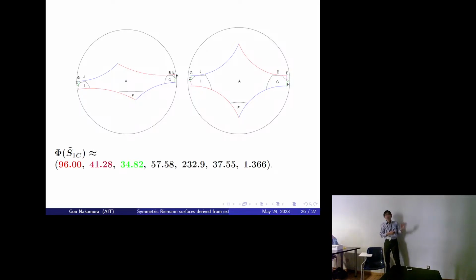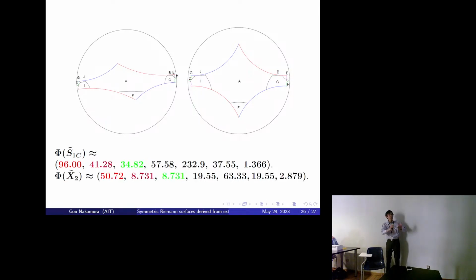And calculate the surfaces' coordinates. It is, of course, an approximation value. The left side has this coordinate, and the right side has a coordinate like this. The red number is the length of the left side, and so on.